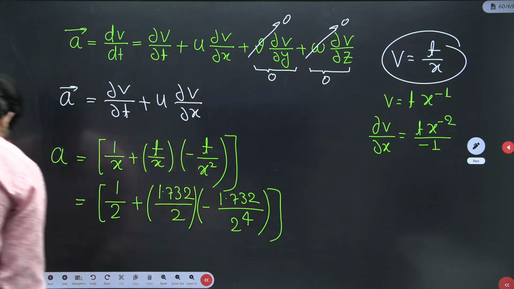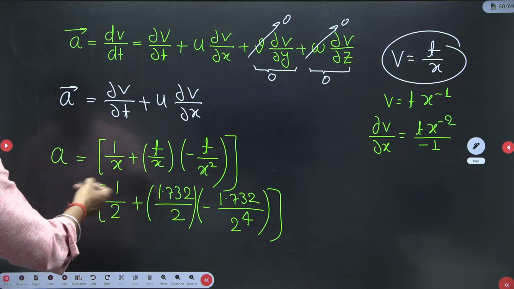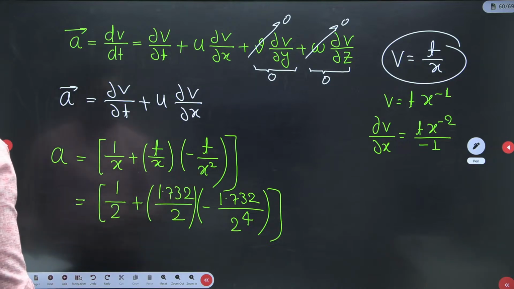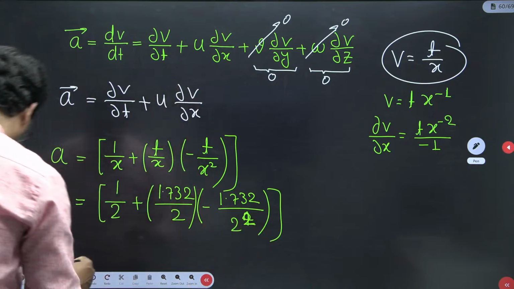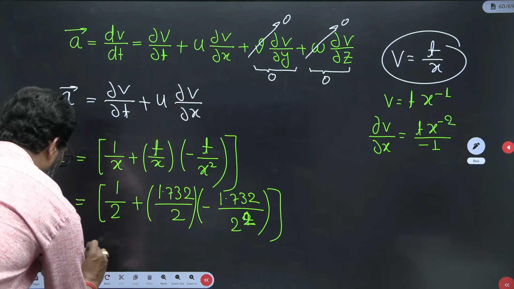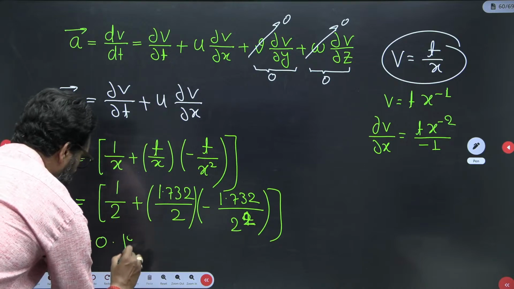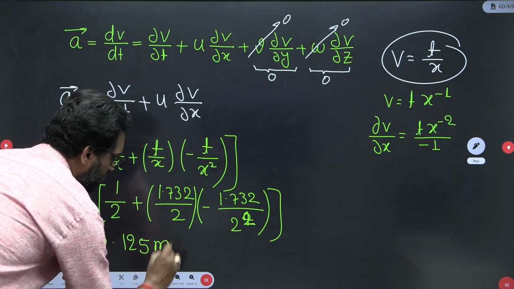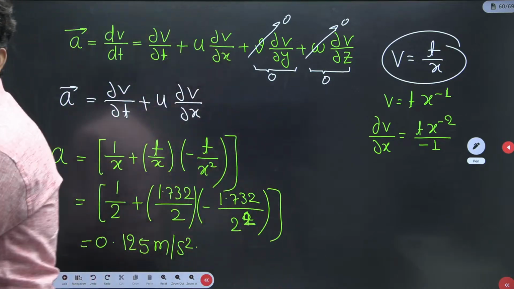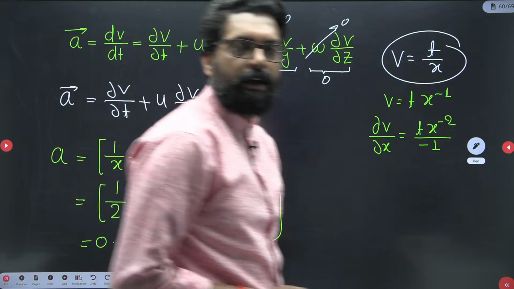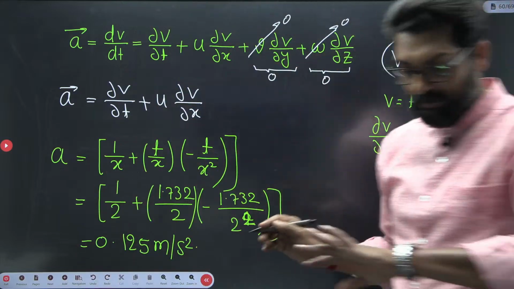If you find this, this is your 0.125 meter per second squared. This is a very good question. Clear? Okay, this is done.